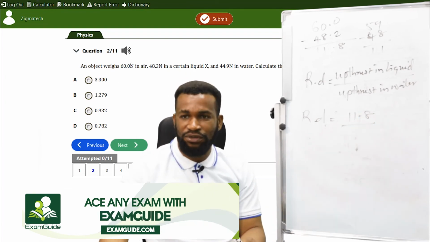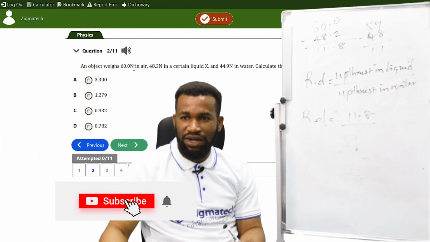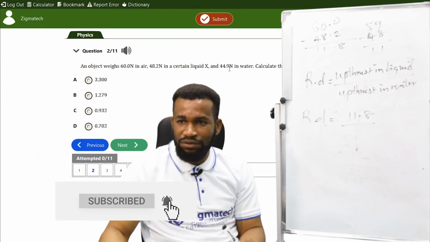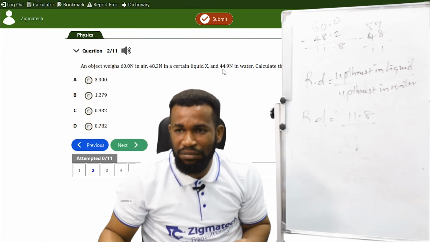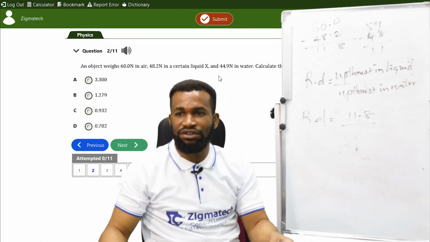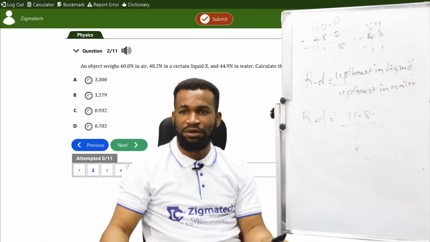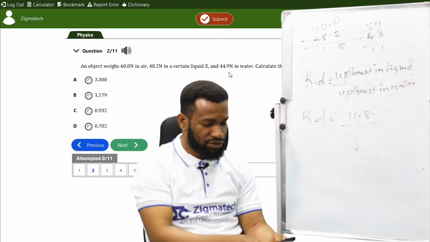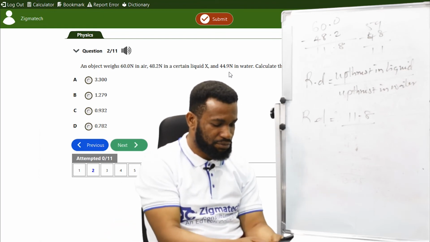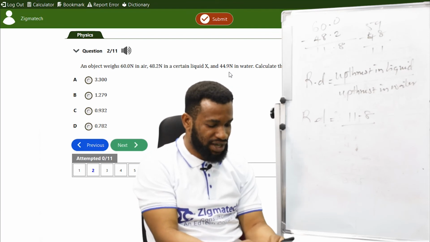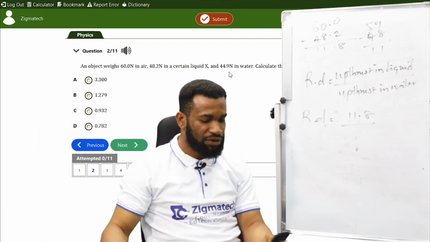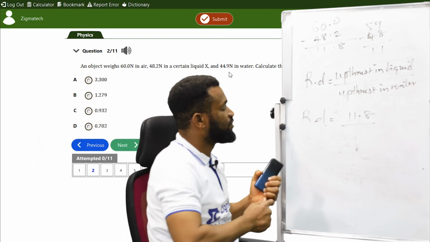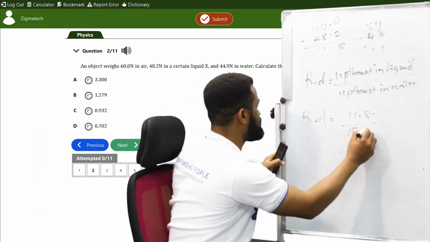The next one is the upthrust in water, and the upthrust in water means the weight in air minus the weight when immersed in water, and that is 44.9. So we are going to say 60.0 minus 44.9. We have 15.1.